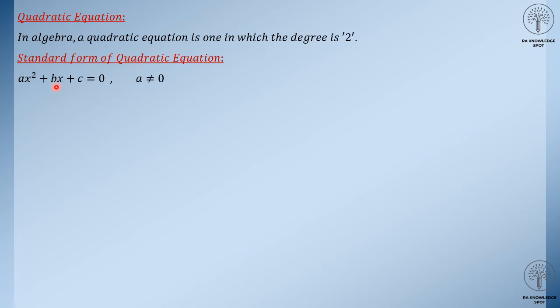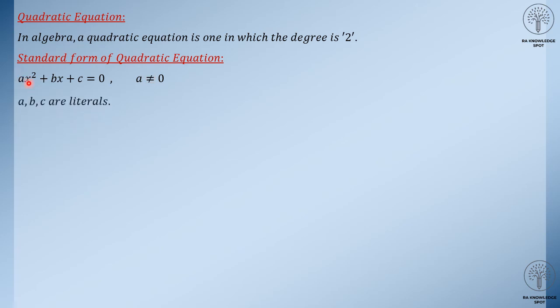The remaining terms will be bx plus c. Do you know that bx plus c is not a quadratic but a linear equation? But you see the heading, what is it? This is the quadratic equation. It means it will no longer be a quadratic equation if the number that is written with x squared is 0.